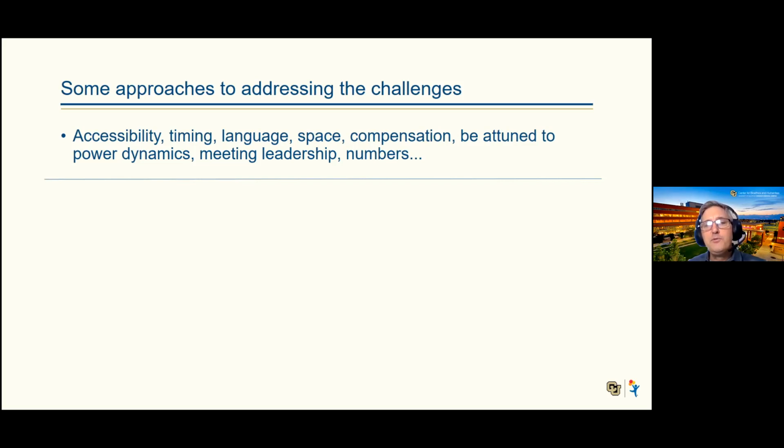Issues of being attuned to power dynamics, not having too many professionals in the room, because that will tend to squelch conversation. Who's going to lead the meeting? Having one of the community members lead a meeting is a frequent strategy for allowing people to really engage.